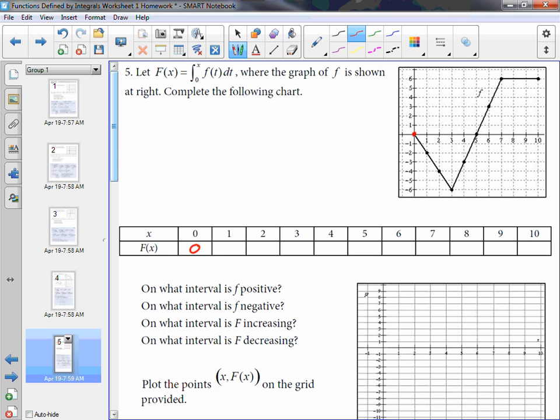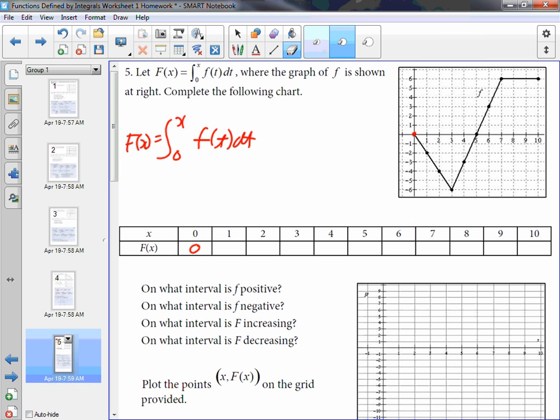Now, they want us to do x equals 1. So look, all I'm doing is I'm just taking this, and I'm just going to replace the x with what they tell me for each one of these. So now it's a 1. Well, that means that's the integral from 0 to 1. The integral from 0 to 1 represents the area from 0 to 1.